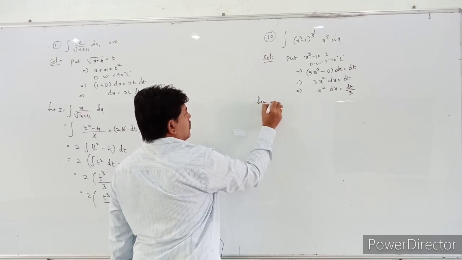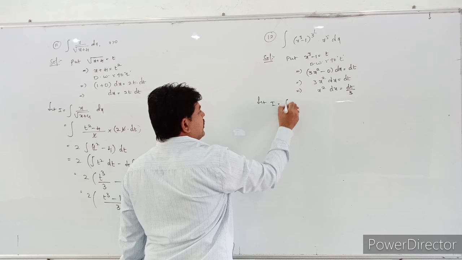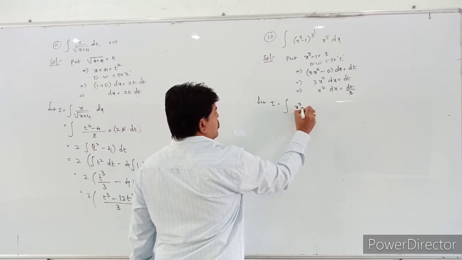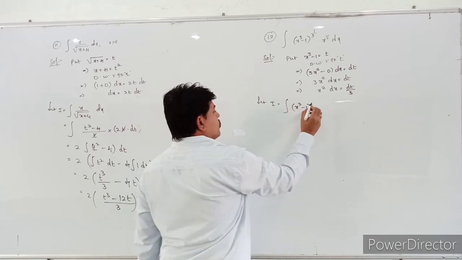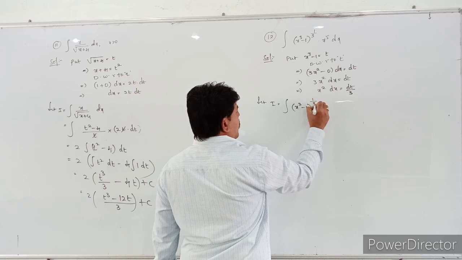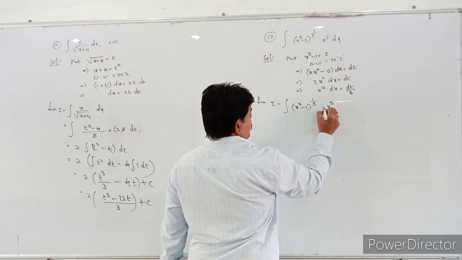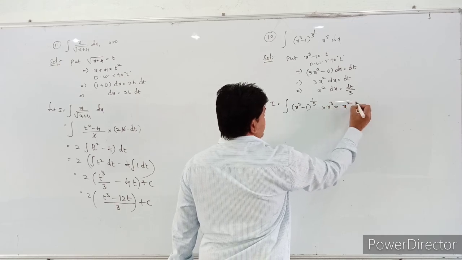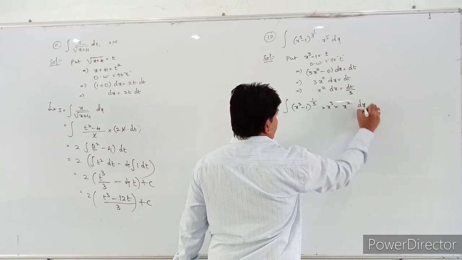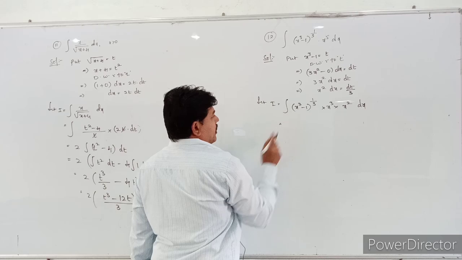Let I is equal to the integral of (x cube minus 1) whole power 1 by 3, and x power 5 you can write as x cube into x square into dx. Why am I writing like that?